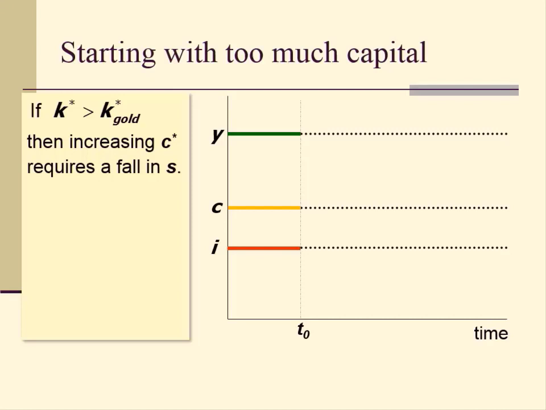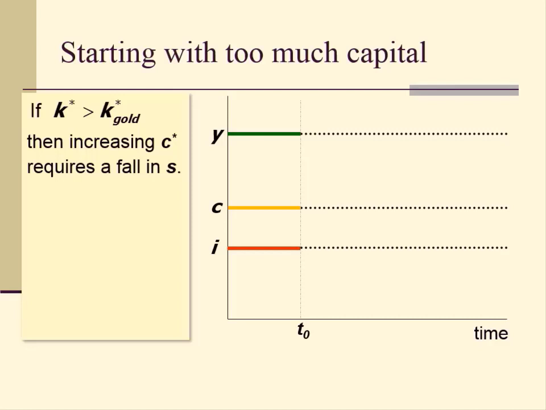So before t0, in a steady state where k, y, c, and I are all constant, policymakers try to implement policies, and if they successfully decrease the saving rate at t0, the change in saving rate does not immediately change capital stock per worker, so y does not change immediately.